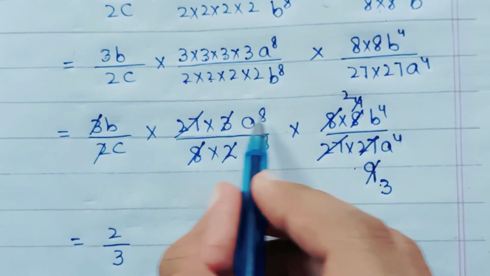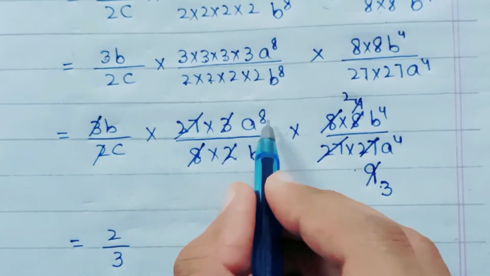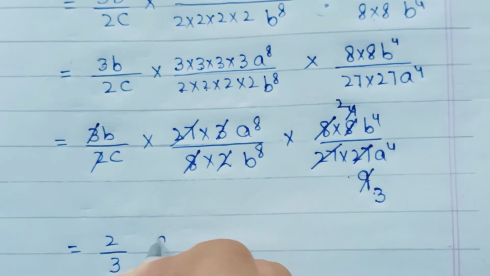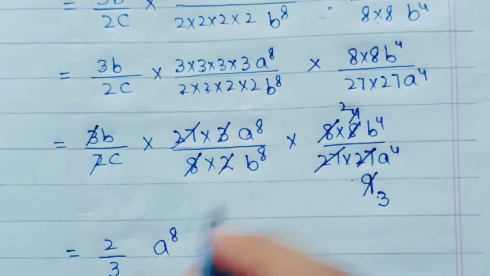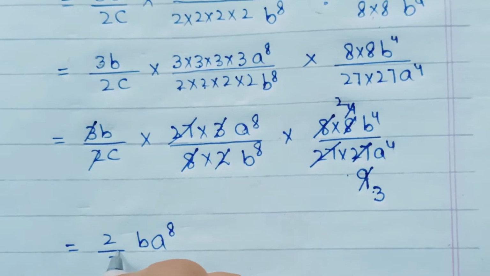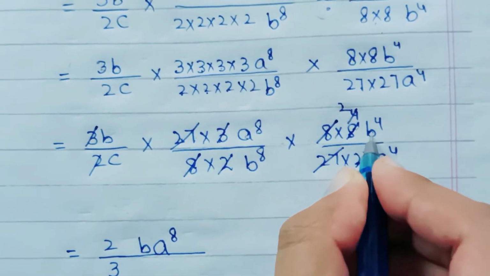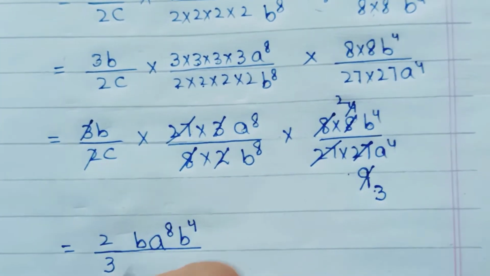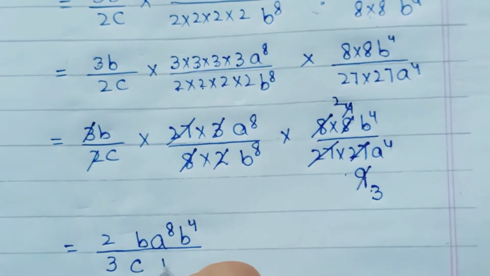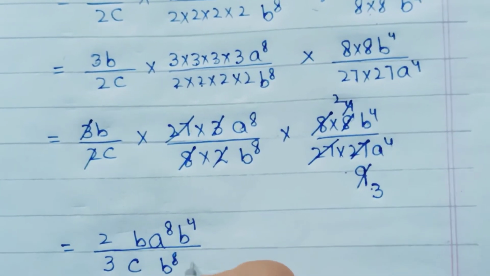Now I will write all the exponents of a, b and c. Let's see how many a's are here in our numerator. Only a⁸ is left, b is left and b⁴. In denominator c, b⁸, a⁴.